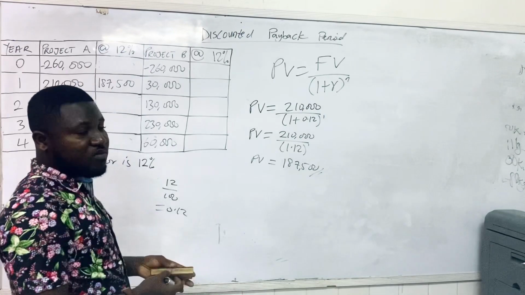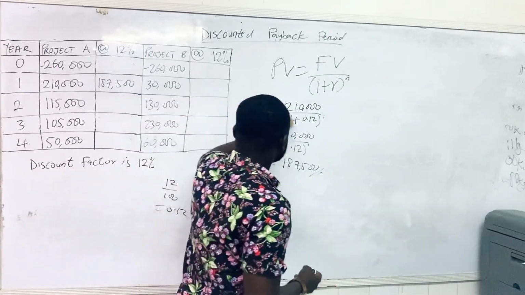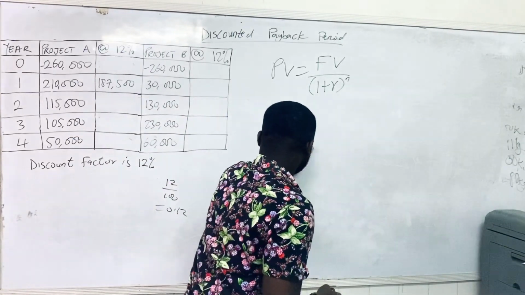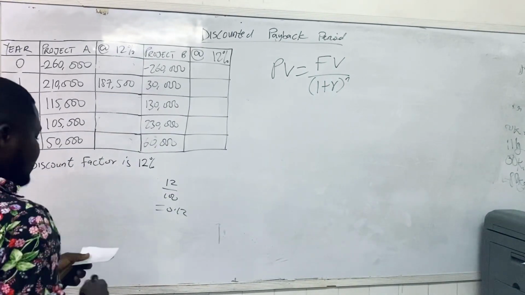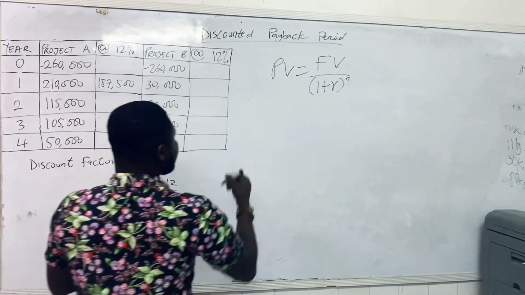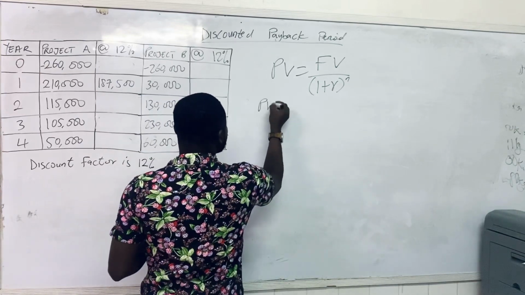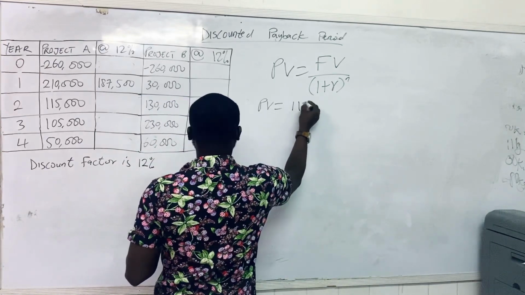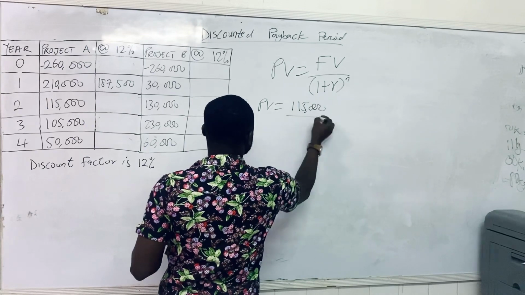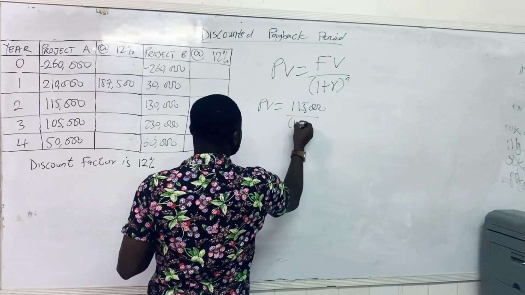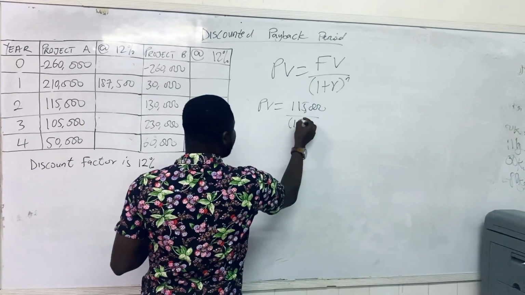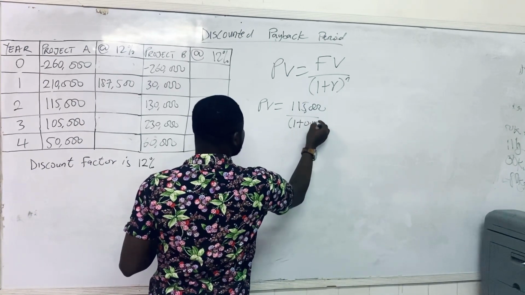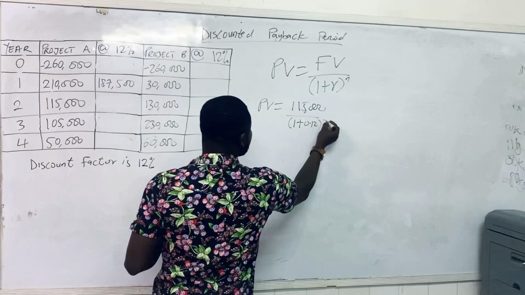Okay, so we'll move to the second year's value, which is 115,000, right? And our PV formula is still constant. PV is equal to 115,000 all on 1 plus 0.12 exponent 2.